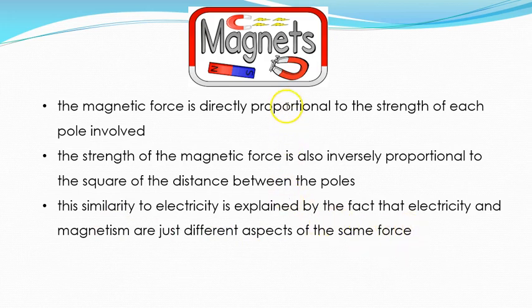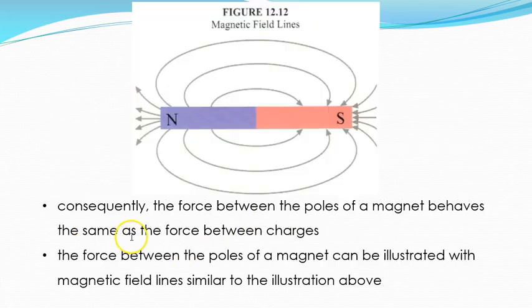So the reason they lump them into one force is because their atoms actually work quite similarly. Consequently, the force between the poles of a magnet behaves the same as the force between charges.